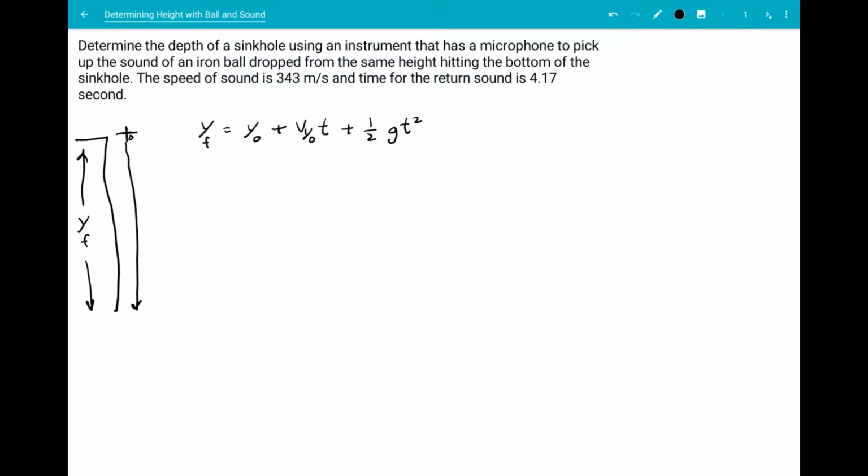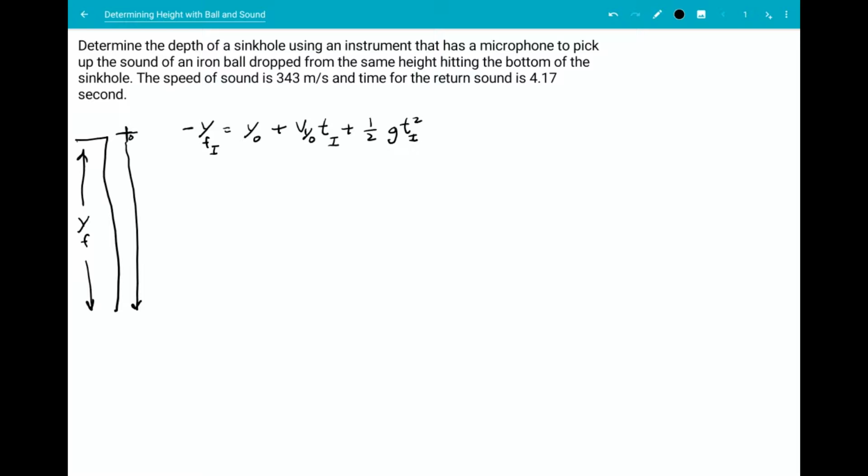I'm going to call the time t, I for iron, so t i for the iron ball, and I'm going to call this t f i.